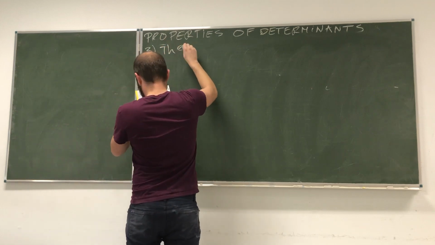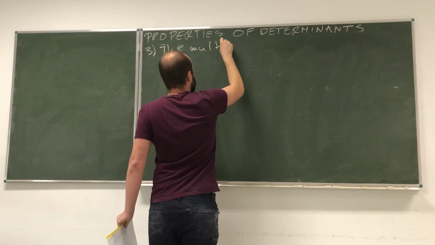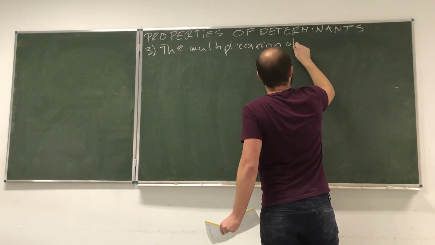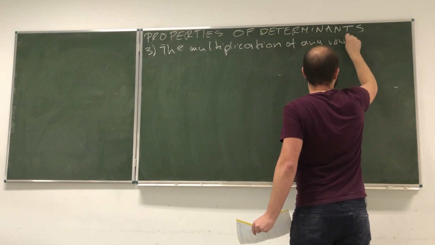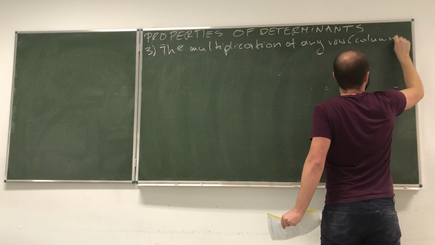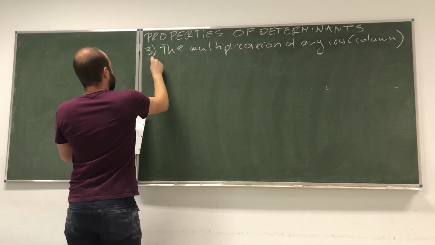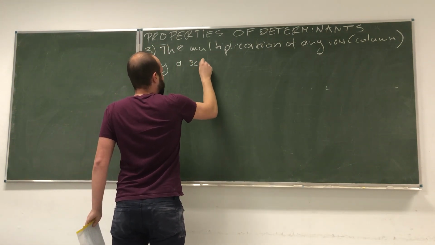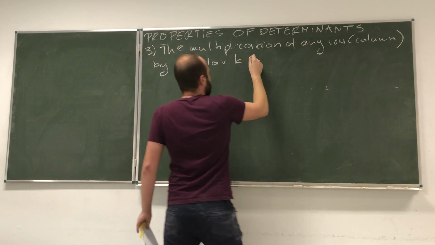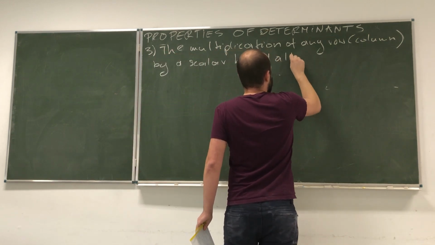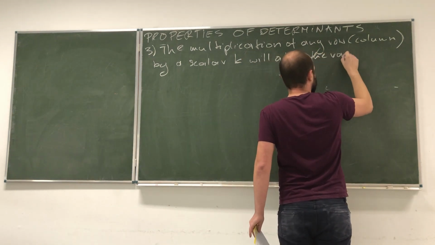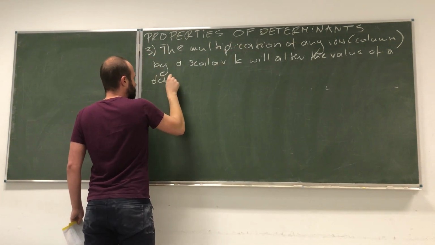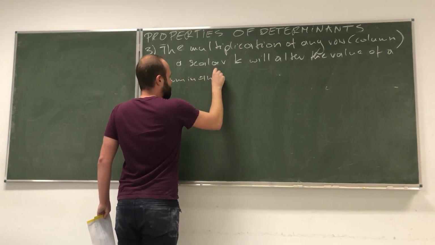The multiplication of any row or column by a scalar k will alter the value of a determinant k-fold.